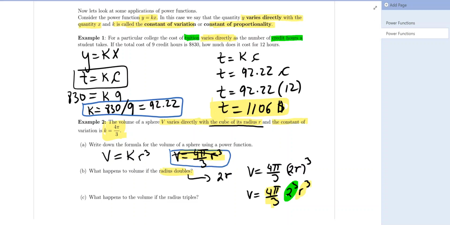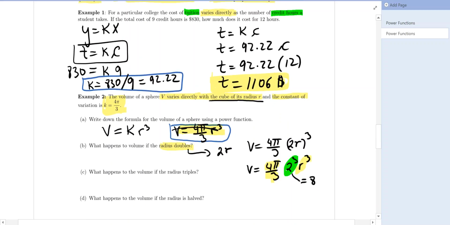So that means that the volume gets multiplied by a factor of 8. It doesn't just double, it gets multiplied by a factor of 8.